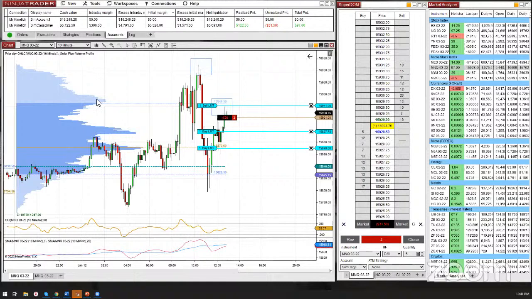But let me point out that we have a volume node here just above my dotted blue line, which is above the value area. We have a competing point of control where my first profit target is lined up. And then we have the legacy point of control, which is down by where my second profit target is lined up. What I mean by point of control is just the longest histogram bar, the price where the most volume has traded so far today. That's all that is.